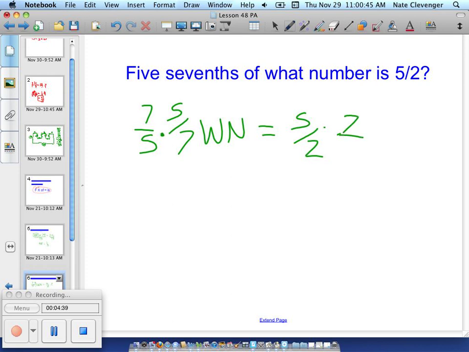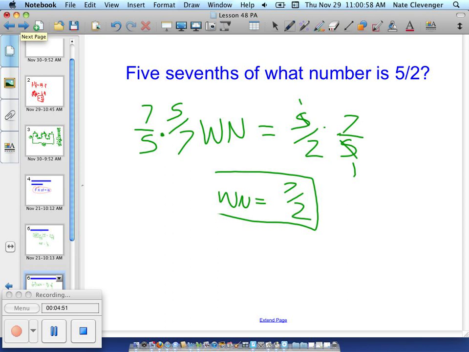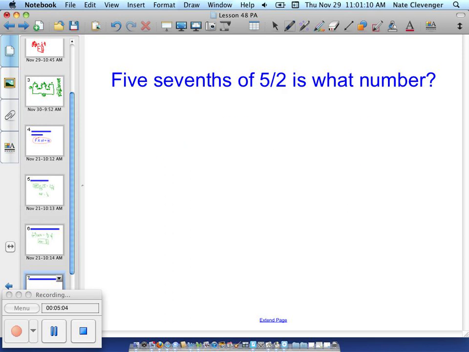Your 5's reduce to 1 and 1, so your what number is 7/2. Even though it asks for what number, a number can be a fraction. And so your answer is 7/2. So you're either going to be dividing by a number or multiplying by the reciprocal. Either way is going to be acceptable.